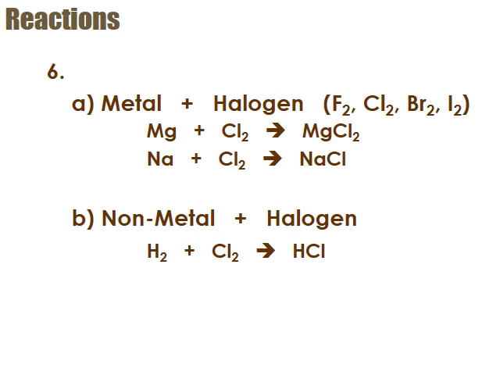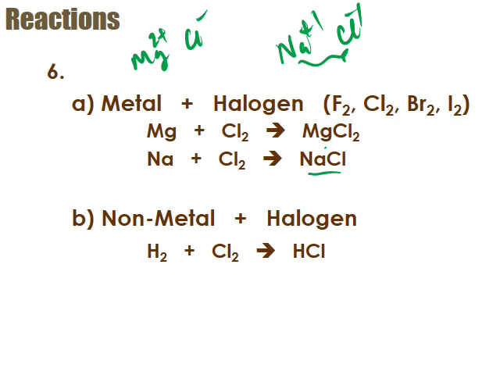Now metals can react with halogens. Magnesium with Cl2 gives magnesium chloride, sodium gives sodium chloride. Again, be careful when you write down a formula. Even though it's reacting with Cl2, you can think of it this way. Sodium is +1, and then rather than writing down Cl2, just write down 1 Cl, and that gives you NaCl. In the case of magnesium chloride, magnesium is +2, Cl is -1, so it gives MgCl2.